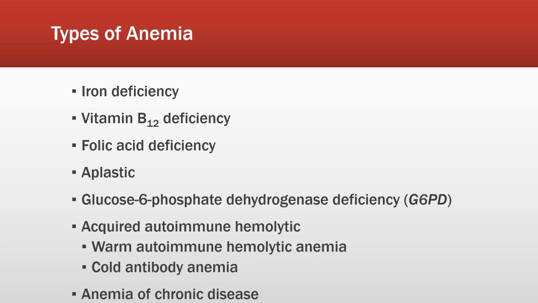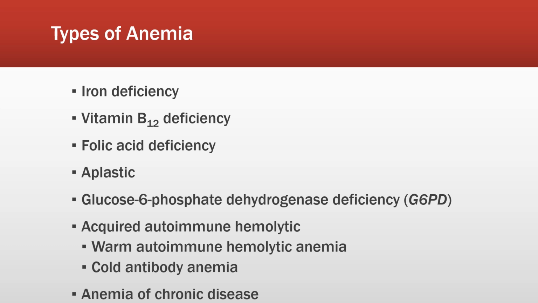There may be decreased absorption of iron, maybe inadequate intake of iron in the diet, alcoholism, a partial gastrectomy or a surgery that removed part of the stomach, pregnancy because the fetus is now depleting mom's iron reserves, adolescence, as I mentioned, and infection.